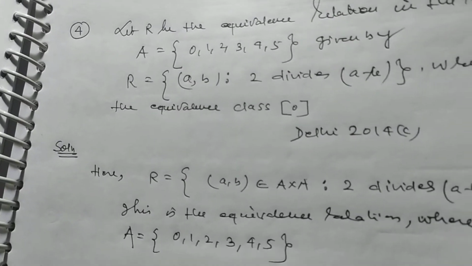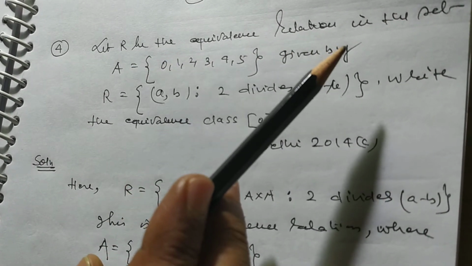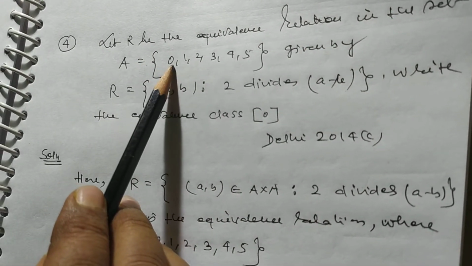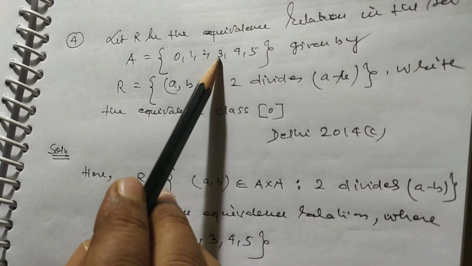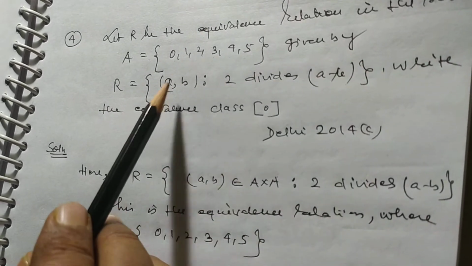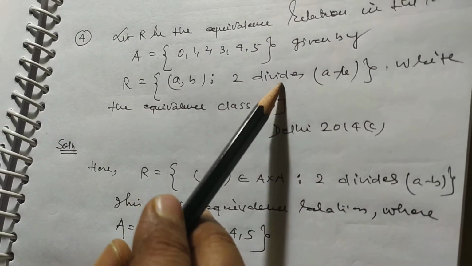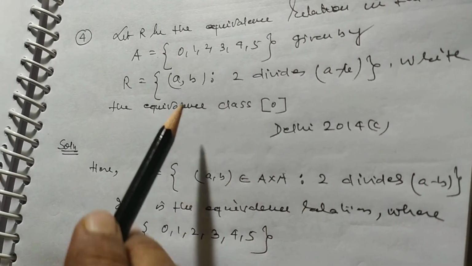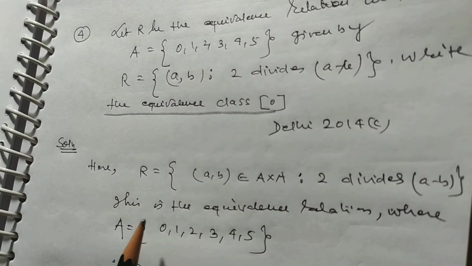So my dear students, let R be the equivalence relation in the set A having elements 0, 1, 2, 3, 4, 5 given by R is the collection of elements (a, b) such that 2 divides a minus b. Write the equivalence class of 0.